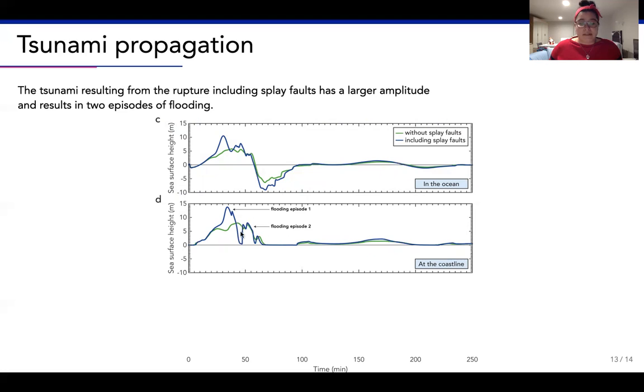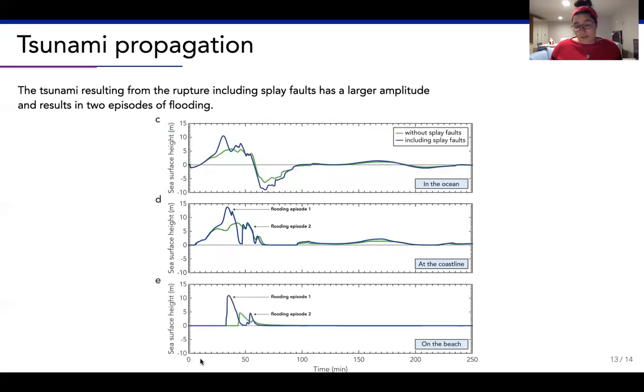Then later, we get all the interfering waves with each other that create a second flooding episode here. This is with time again, and on the beach, we can see it clearly as well, these two peaks of water on the land.